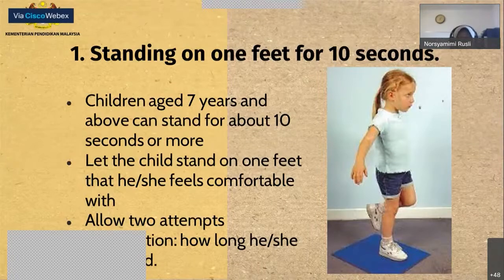If the child is 8 years old but doesn't perform in this activity, maybe he can stand only for 4 seconds, so the gross motor age for this activity may be less than 7 years. Okay.